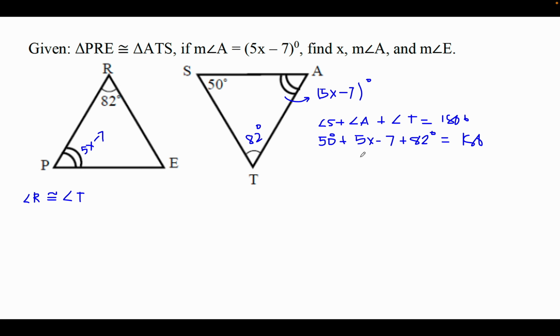Again, combine similar terms. So, we have here 50 degrees and 7 and 82. So, rewrite lang muna natin yung 5x. Okay? Kasi wala naman tayong i-add sa kanya. And then, let's add first 82 and 50 since they are both positive. 82 plus 50 is what? 132, right? 132.